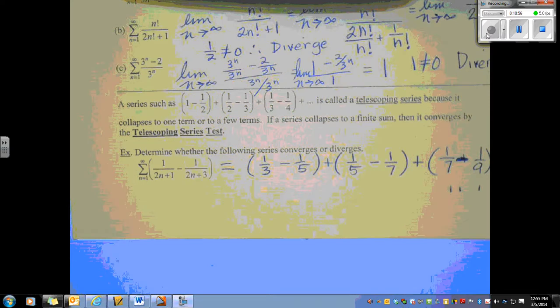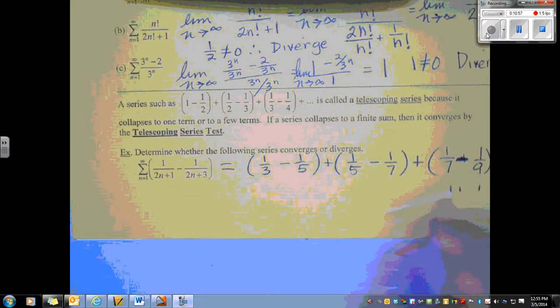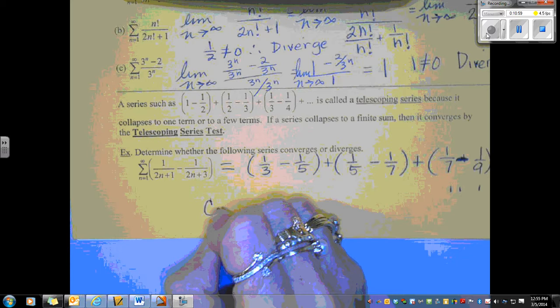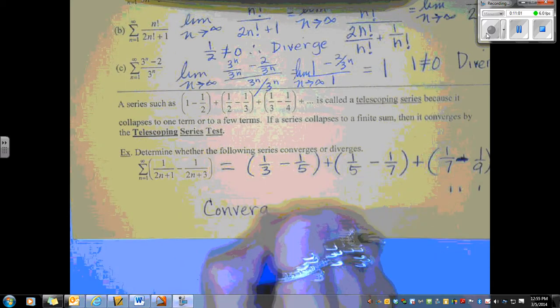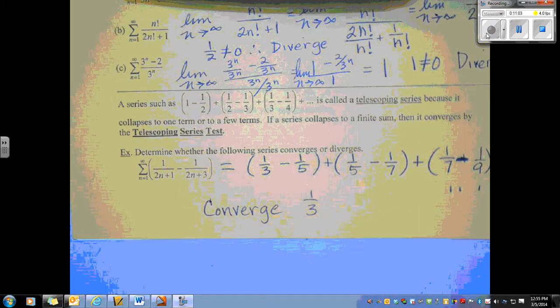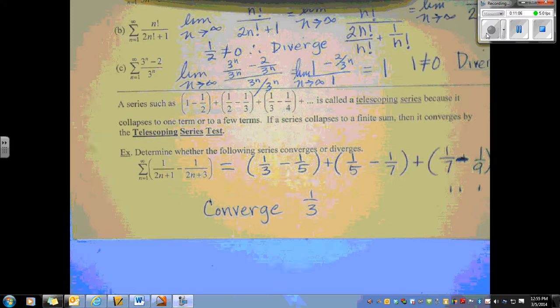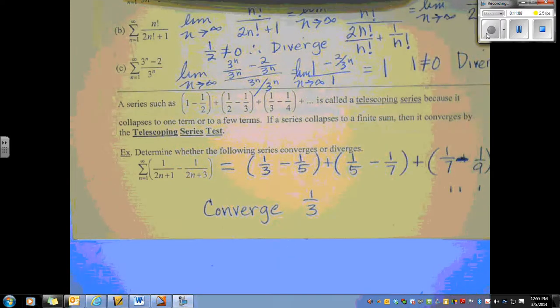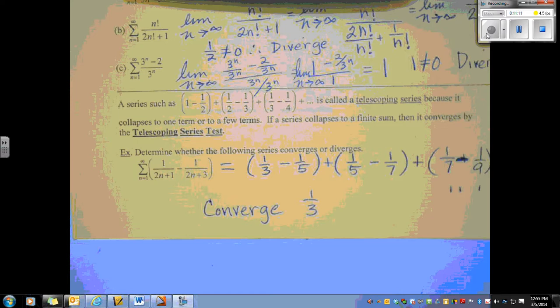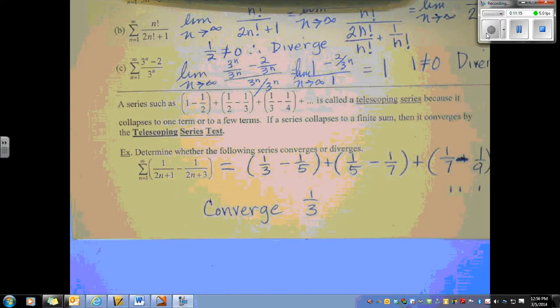This is collapsing, so I'll wind up with converge, and it just happens to be what? 1/3, because all the others cancel each other out. Because that's what it collapses to.